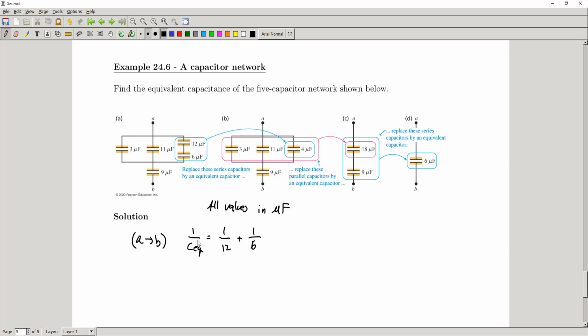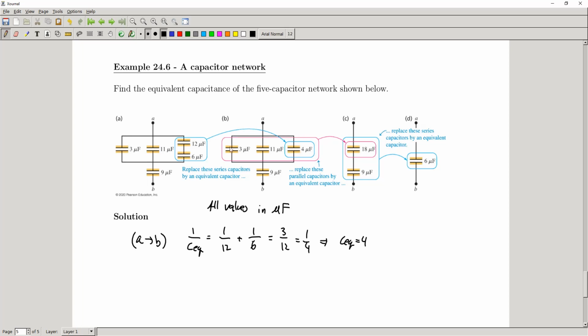So the reciprocal of our equivalent capacitance is going to be equal to the sum of the reciprocals of these two capacitances here. If we solve this, we're going to end up with, what do we end up with? 3 over 12, which is 1/4, which means that we end up with a CEQ equal to 4, and that's exactly what we find here. That's this step over here.